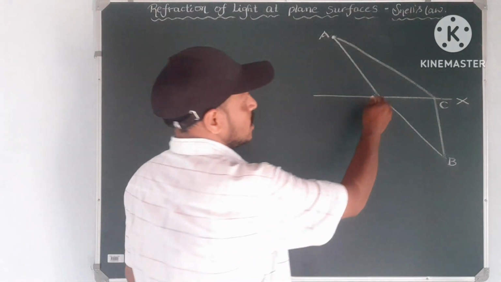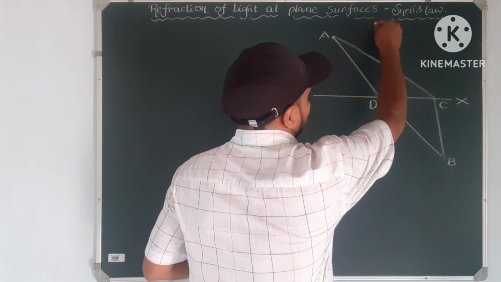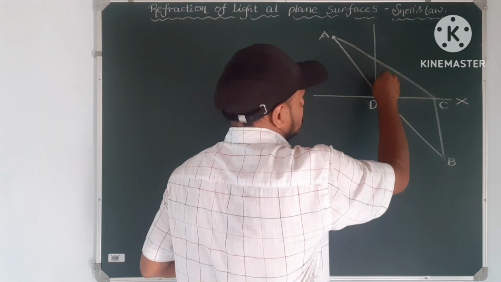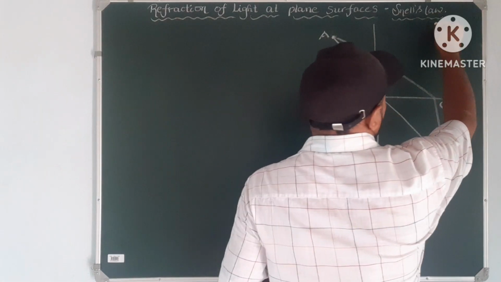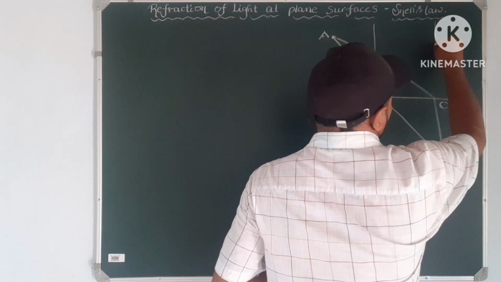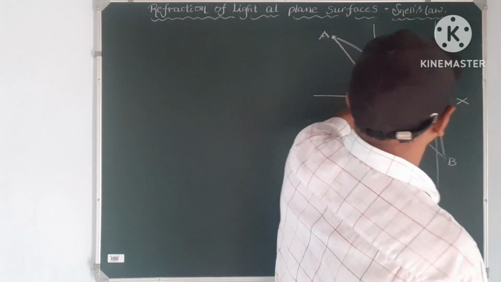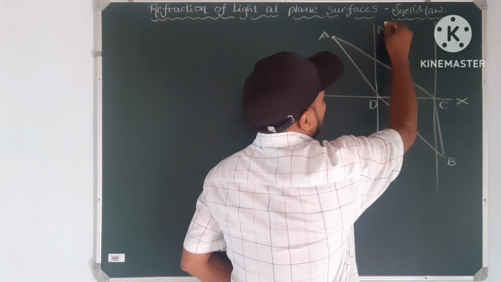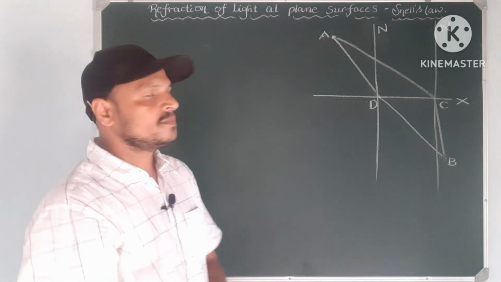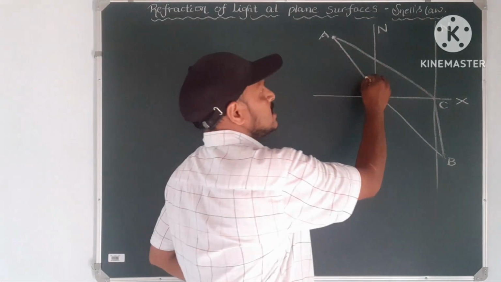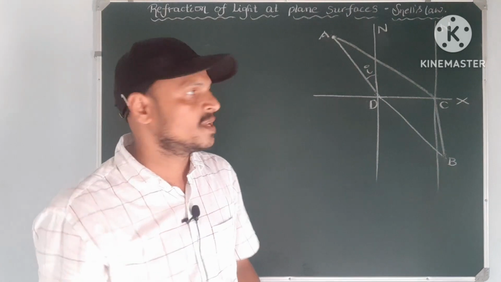So let's draw a perpendicular line to the shoreline at B, and another perpendicular line drawn at C. So these two lines are the normal at B and C. And this is taken as the angle of incidence.